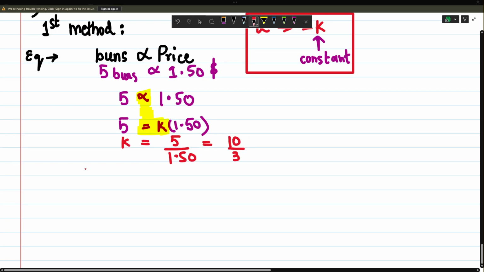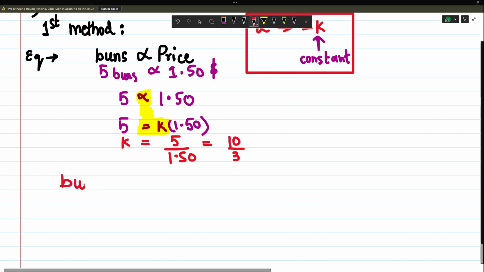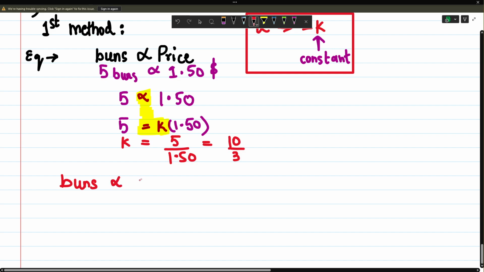Now what we do, we write the equation again. 5 buns, we write the basic equation again. Buns is directly proportional to dollars. इसमें I am gonna remove the proportionality sign, so this will become buns equals to k and dollars.